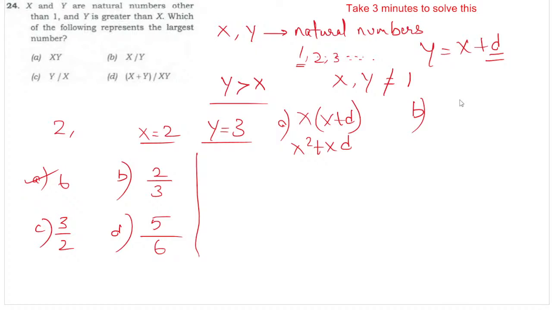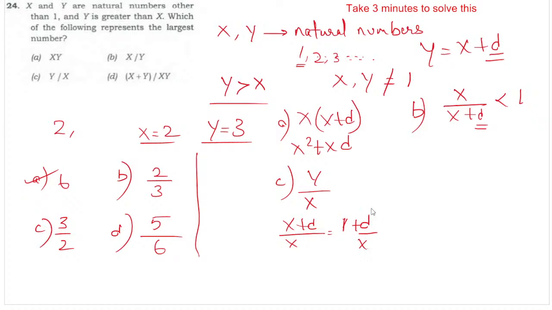In the second option, x divided by y is x by x plus d. This will be clearly less than 1 because d is a positive number and x plus d is greater than x. Option C, y by x, can be written as x plus d by x, and this is equal to 1 plus d by x. And we don't know this number.